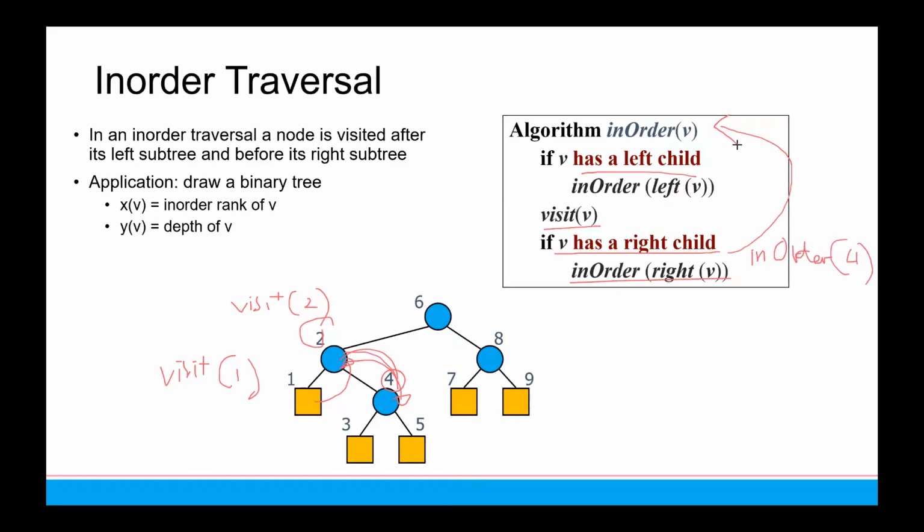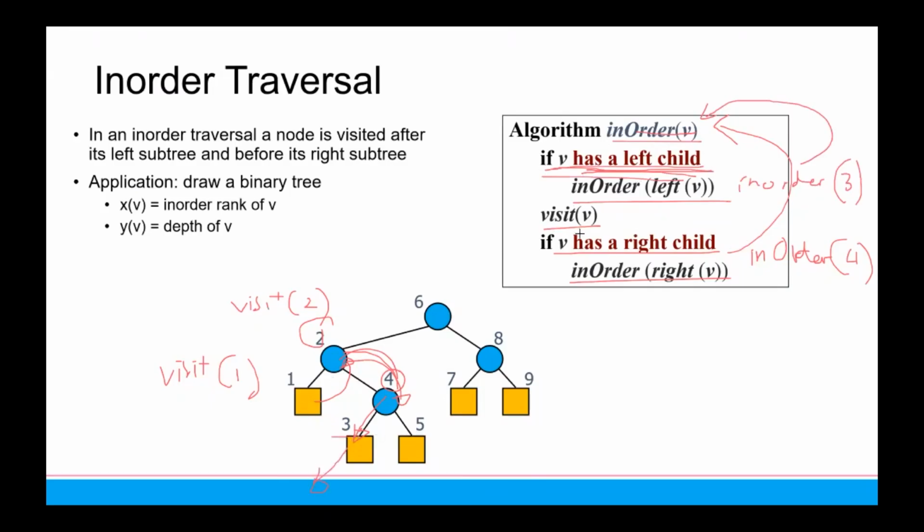To this method again, in order V. Sorry, in order 4. So we want to check whether 4 has a left child. Yes, because 4 has a left child, so we do the in order of that left child. So we do the in order 3, and then V now is 3. Does 3 have a left child?